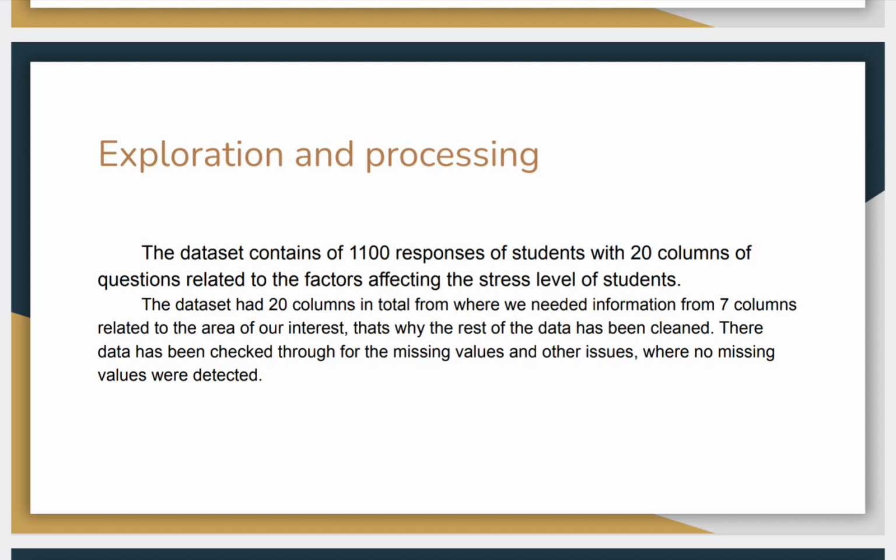That's why for the processing we deleted the other 13 columns and used the 7 remaining columns for the research. There weren't any missing values. We have checked the data so it wouldn't cause problems and wouldn't mislead our results in the wrong direction.